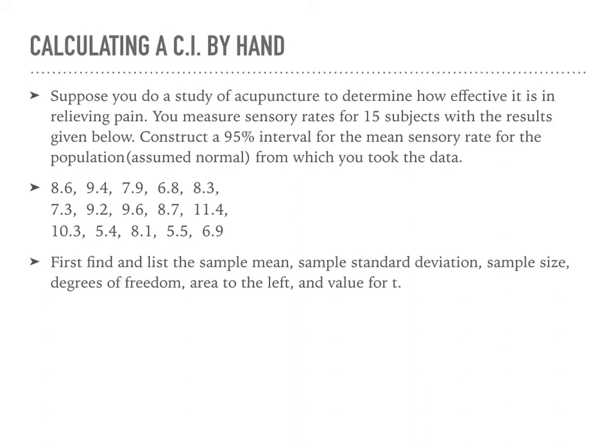We could enter these into a list and then use the one-var stats function, and that would give you a sample mean of 8.2267, a sample standard deviation of 1.6722, a sample size of 15, which means the degrees of freedom is 14. And then if we wanted a confidence level of 95%, the area to the left is 0.975.